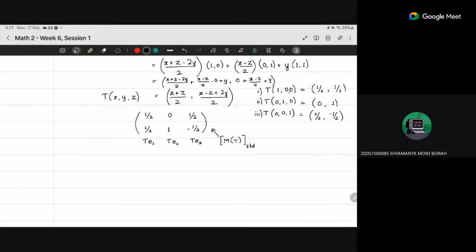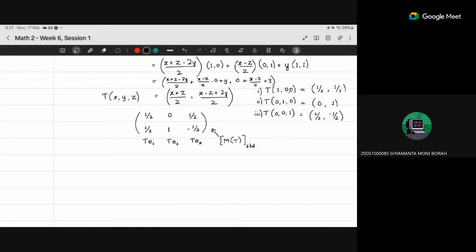Using the description we obtained, T of 1 0 0 is half half, T of 0 1 0 is 0 1, and T of 0 0 1 is half minus half. That's clear, right?